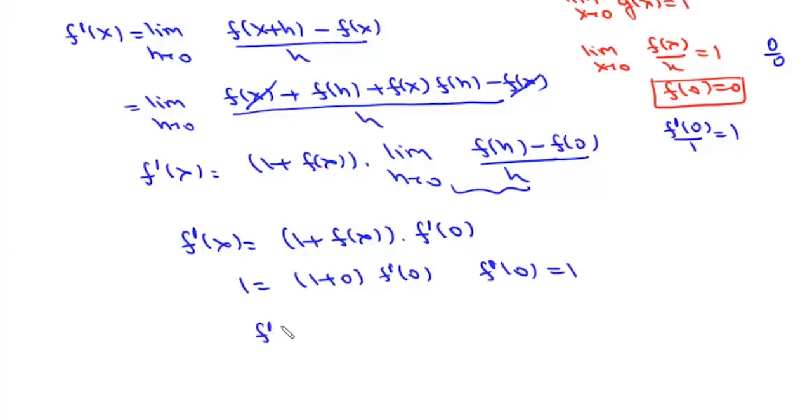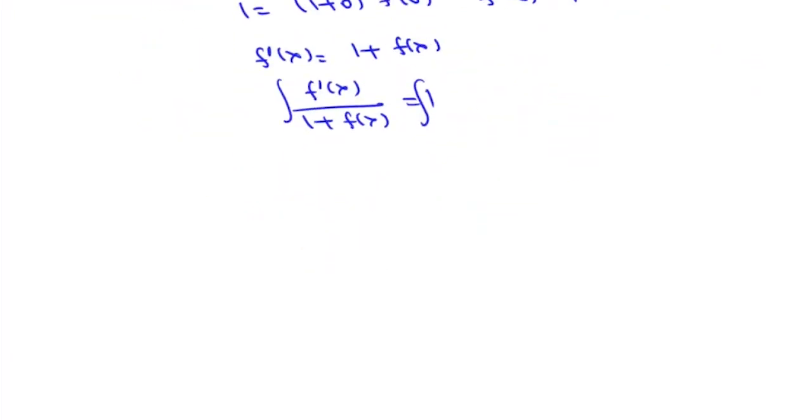So from here we can say f'(x) is simply 1 plus f(x). Now we can write this as f'(x) upon 1 plus f(x), that is equal to 1. Now we take its integral. We can write this as log of 1 plus f(x), and this is equal to x plus c.